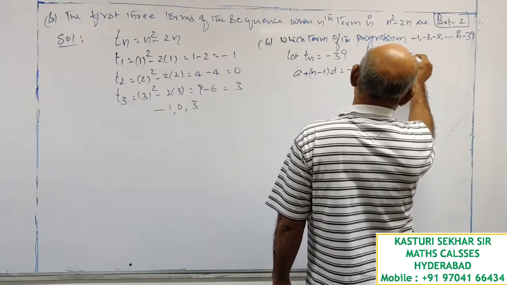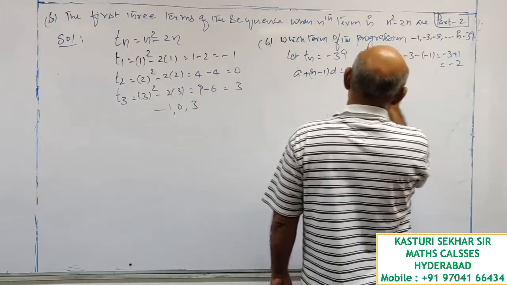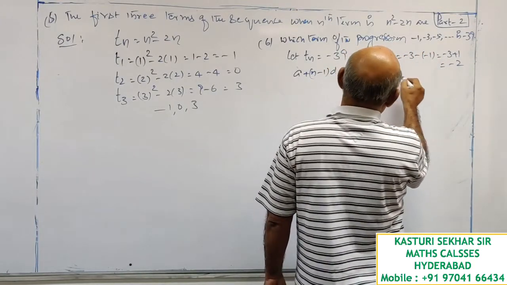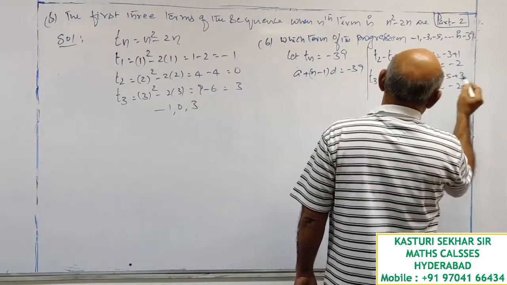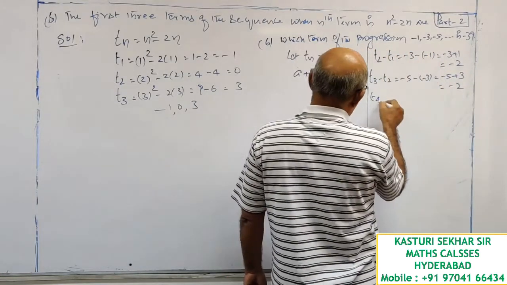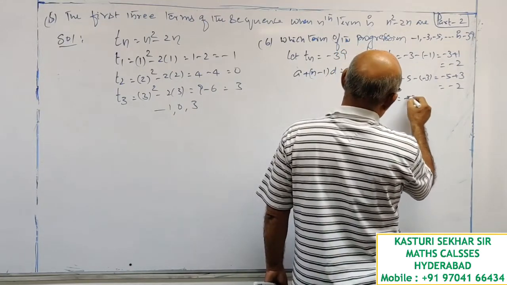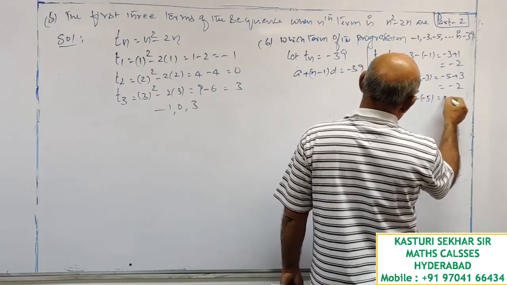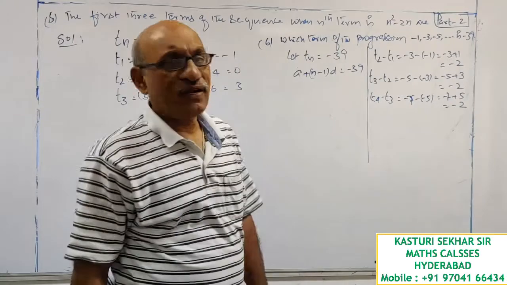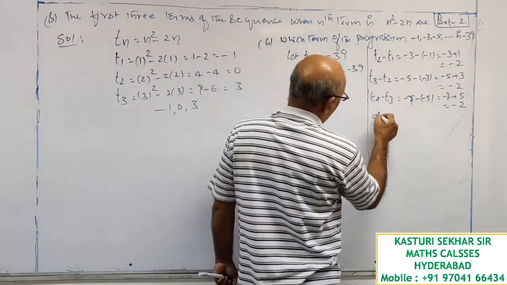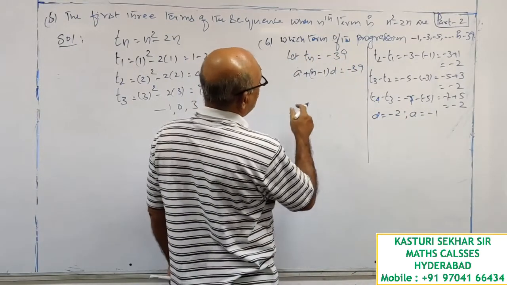Second term minus first term, minus 3 minus of minus 1, minus 3 plus 1 is minus 2. T3 minus T2 is minus 5 minus of minus 3, this is minus 2. T4 minus T3 is equal to minus 7 minus of minus 5, this is minus 2. Common difference is same. So d is equal to minus 2, a is equal to minus 1.